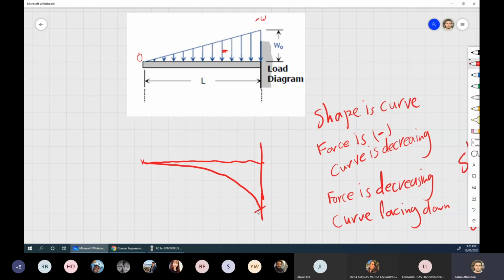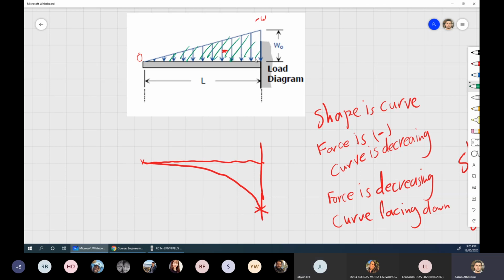How much is the value here? Gianna, would you have an answer to that? Yes, L multiplied by W, L by W by 2. Yep. So the value here, perfect, is the area of this triangle.